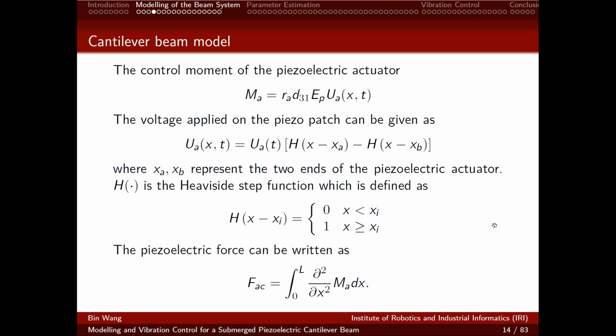We can have the control moment of the piezoelectric actuator, and then the voltage applied on the piezo patch can be represented by using two Heaviside step functions. Then we can compute the piezoelectric force.